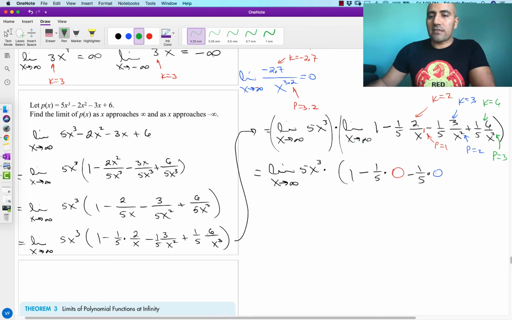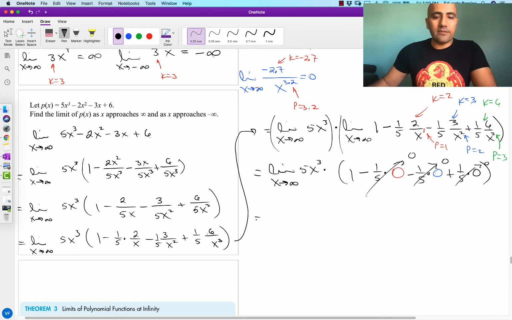As x grows toward positive infinity, the denominator is going to grow toward positive infinity. And so 6 divided by a number that's getting infinitely large is going to go towards 0. So I'll end up with another term of plus 1/5 times 0. All of these become 0. And so I'll just get 1.